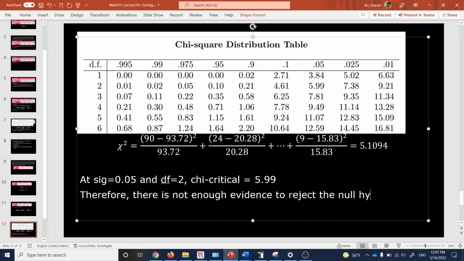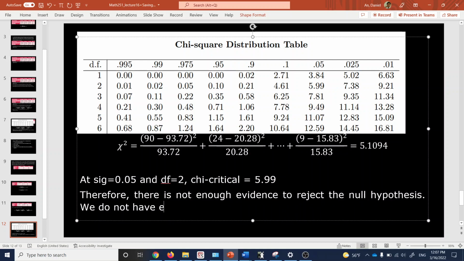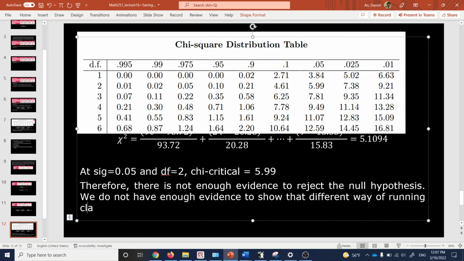null hypothesis. And you should also be able to formulate this again in the context of the word problem, which is that we do not have enough evidence to show that a different way of running the class affects the pass-fail rate.